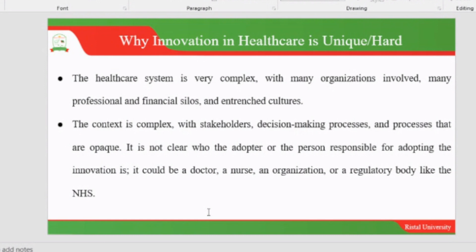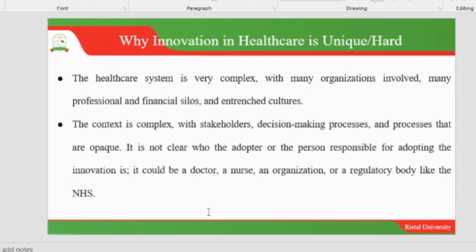Because it is a very complex system with many organizations involved, many professional bodies, many financial departments or segments, or what we are calling silos, and entrenched cultures, different cultures.